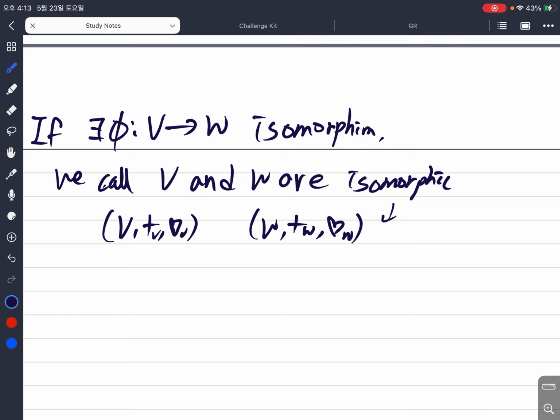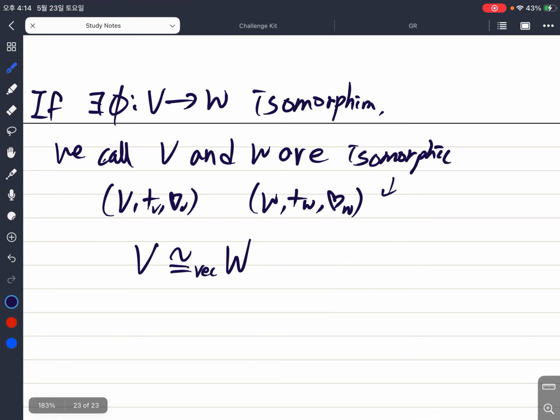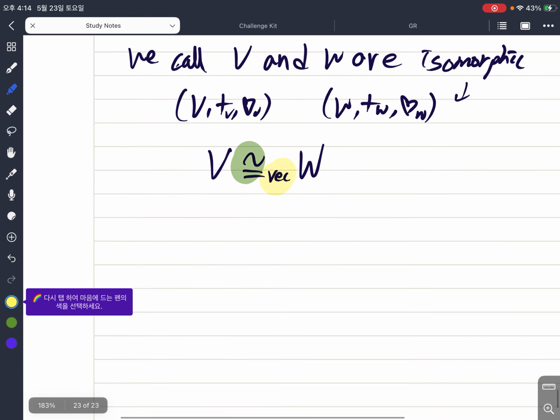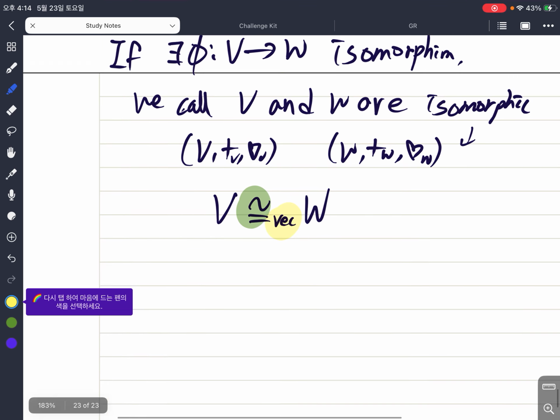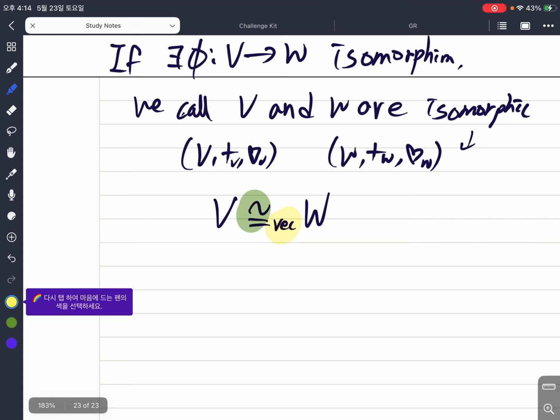And we usually write V is isomorphic to vector space W. So this is the notation for isomorphism, and this is to specify it is a vector space isomorphism. I will write this. Some people usually do not write VEC, but I like to write it clearly. So this is vector space isomorphism.